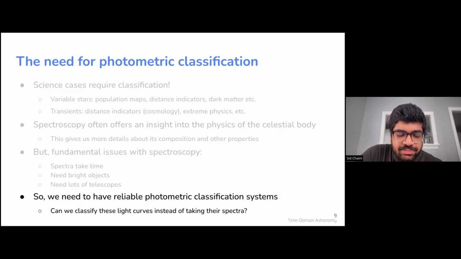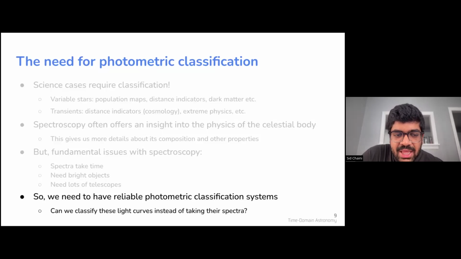And so now the question is, can we use photometry to get a classification? Can we use light curves? Can we look at these light curves and, instead of taking spectra, get a classification based on this? If we can do that, that would still save us a lot of time, for example, the calibration time I mentioned earlier.